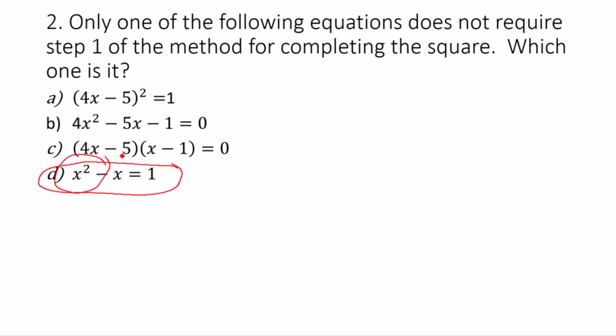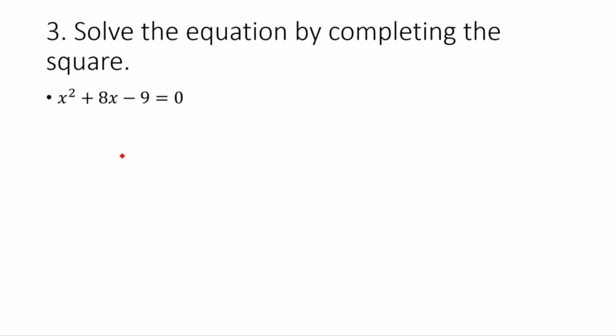Now let's really get into it and go through some nice examples to give you an idea of how to work these in case you've been having difficulty. Let's start with this one. First of all, notice there's a 1x squared, so step 1 is gone. You don't have to divide by something that's a coefficient of the x squared.